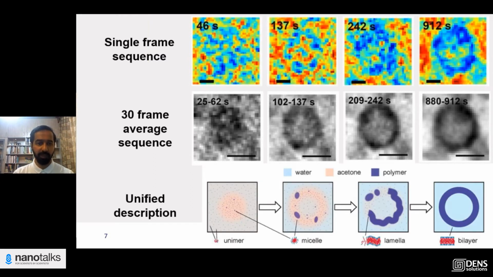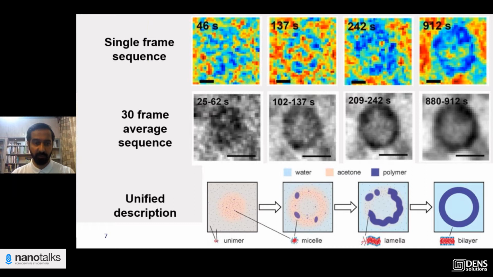But then, as we have seen in these experiments, both of them can be concluded depending on how you look at your results. If you go with a single frame sequence, you will probably believe that micelle growth is the origin of vesicle formation.